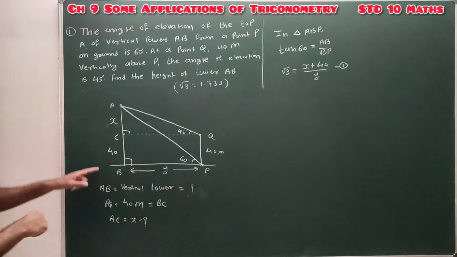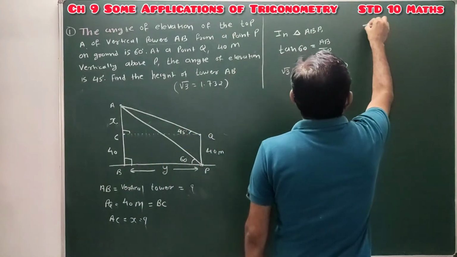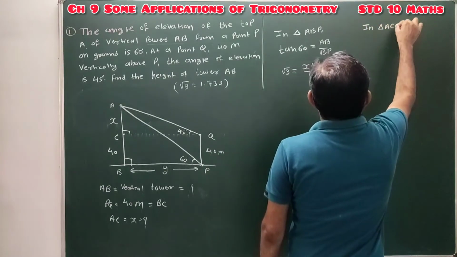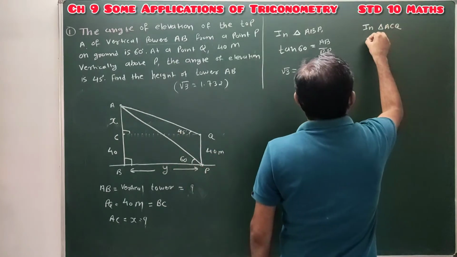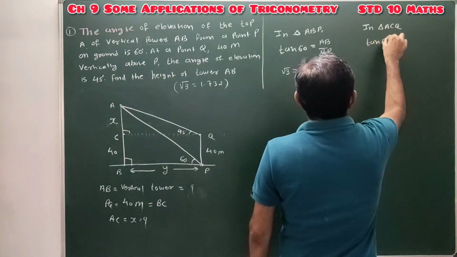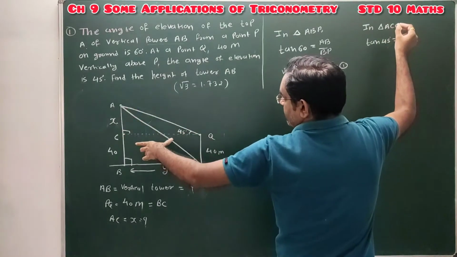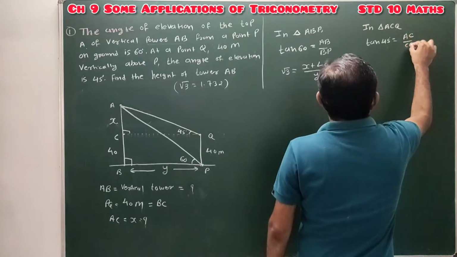Now consider another right angle triangle ACQ. In triangle ACQ, tan 45 equals opposite side by adjacent side, AC by CQ.